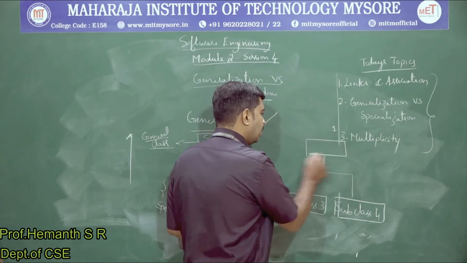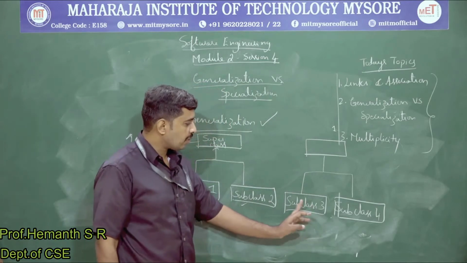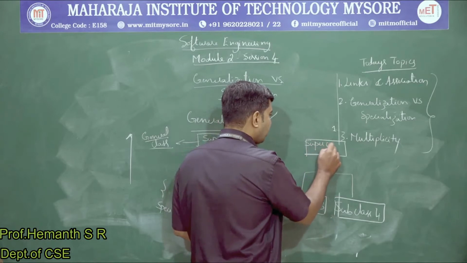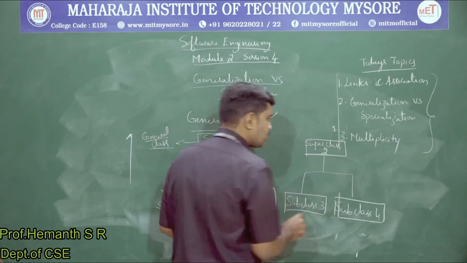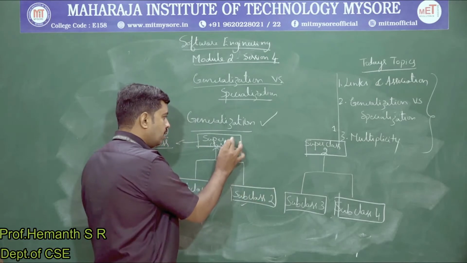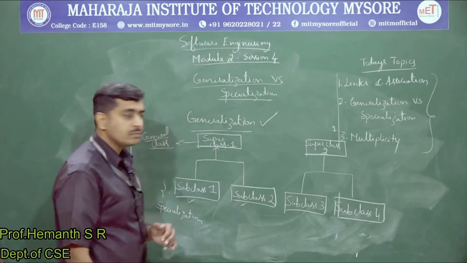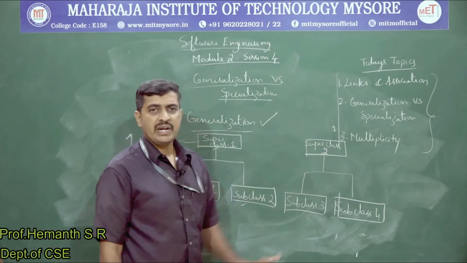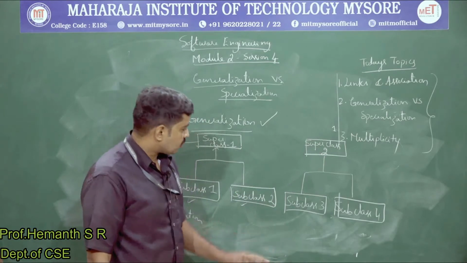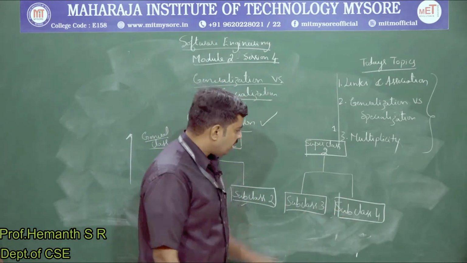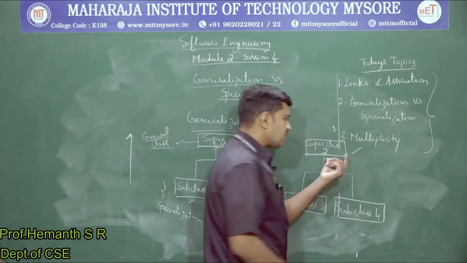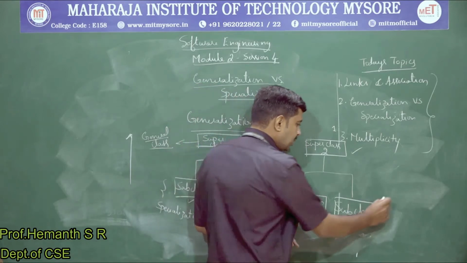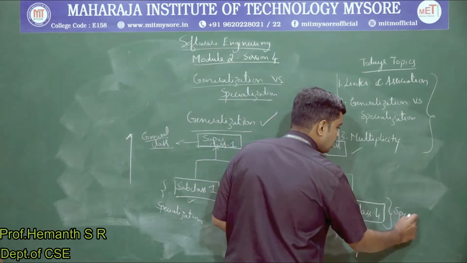We can combine the attributes and functions in subclass 3 and subclass 4, and come out with a superclass. I'll call it superclass 2 just to distinguish it from this one, which is superclass 1. So subclass 3 and subclass 4 have been combined and a superclass has been derived. What exactly have we done here? If you carefully observe, we have created a superclass, which is a general class, from specialized classes. As already mentioned, subclasses are specializations, special classes.